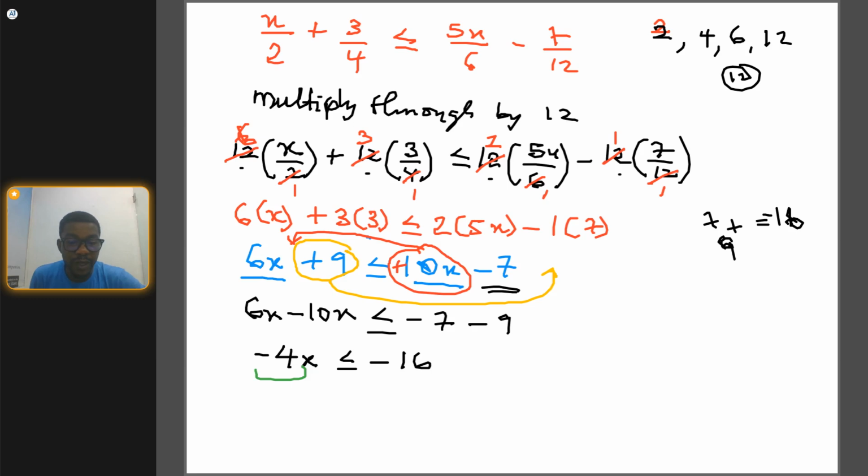I will have -4x over -4, less than or equals to, no, it's not going to be less than or equals to, because we are dividing by -4. So the inequality sign will change to greater than or equals to.